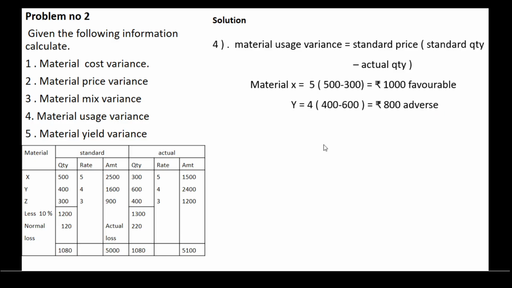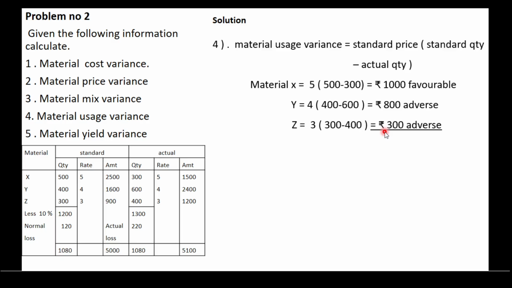And next for the material Z. So here the standard price is rupees 3 and the standard quantity is 300 and the actual quantity is 400. So 3 into 300 minus 400. So 300 minus 400 is minus 100. So it is also a negative figure. So 3 into minus 100 is rupees minus 300, that is also adverse.